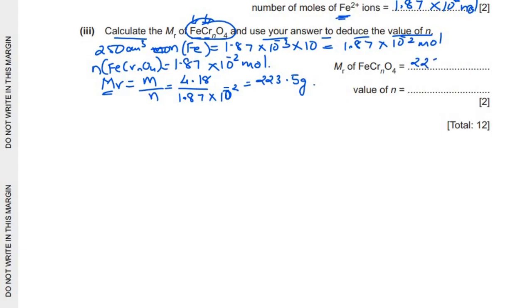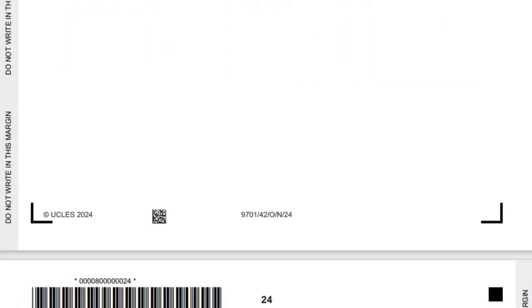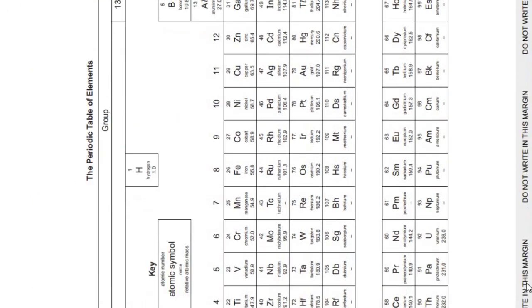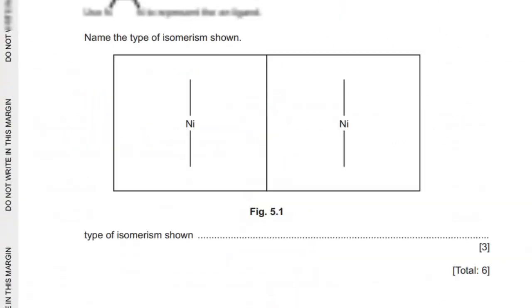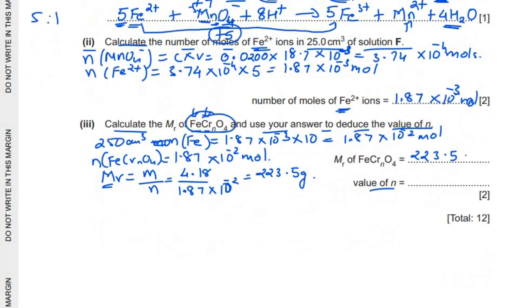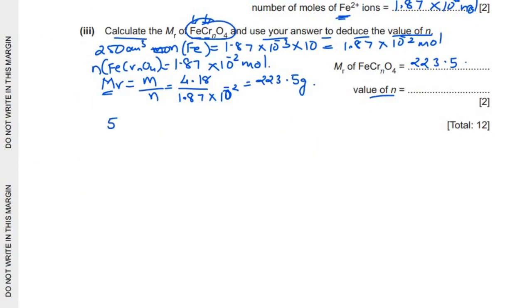That's the MR, 223.5 grams. Now calculate the value of N. How can we calculate the value of N? The mass of Fe we can look up from the periodic table, and it is 55.8. So let's substitute 55.8 as the MR of Fe.